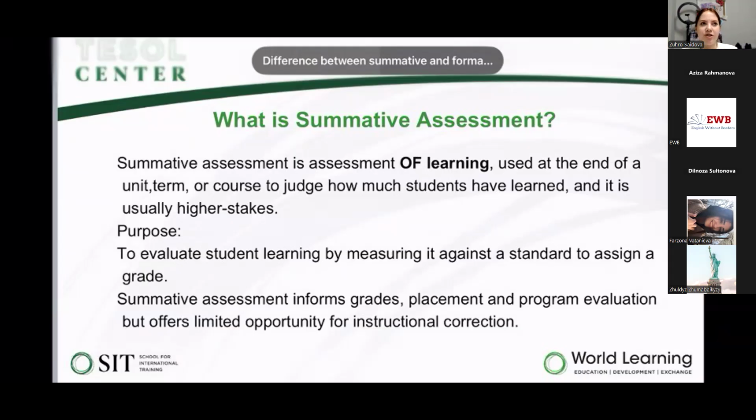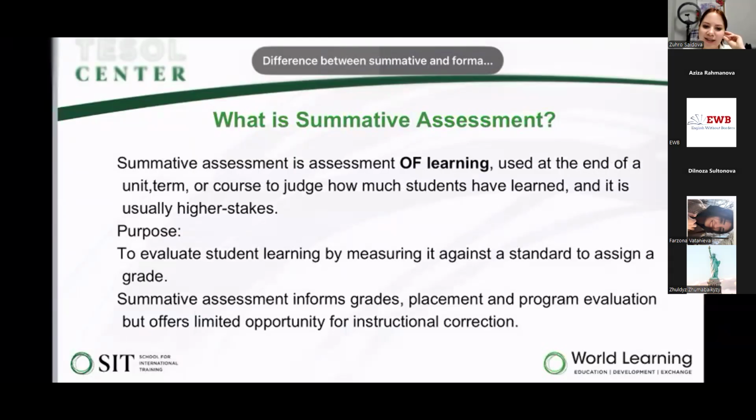Usually, when you are teaching in a public school, then the Ministry of Education provides these standards of what students have to know by the end of each grade. And you use summative assessment to see if your students meet these standards or not. Okay? Also, summative assessment informs grade, placement, and program evaluation, but offers limited opportunity for instructional correction.